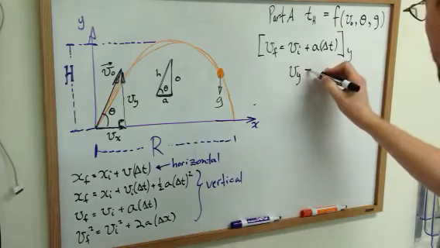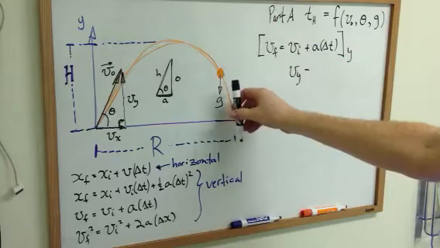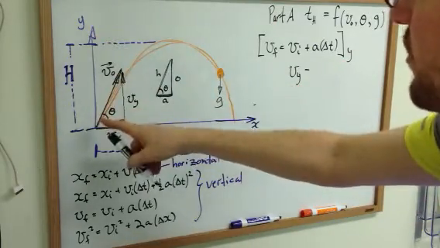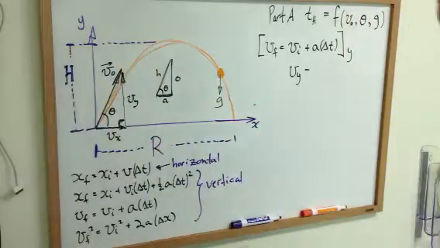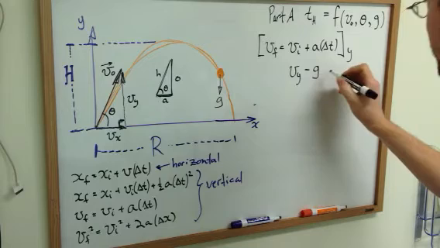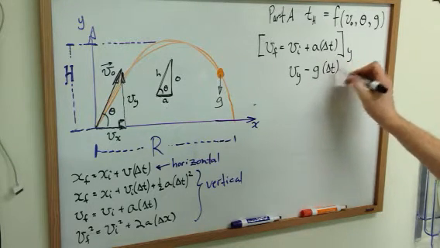The acceleration is gravity downward, and in our coordinate system, where we have upward being positive and downward negative, our acceleration is negative g. Our delta t is an unknown. That's what we're looking for.